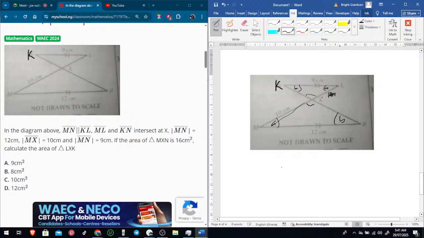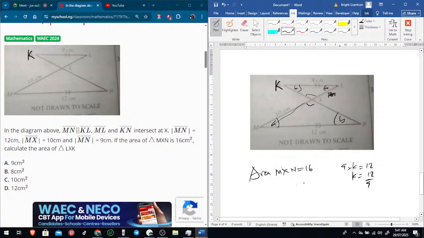Now, it said that the area of MXN is 16. Find the area of LXK. So now, what's the scale factor for 9 and 12? 9 times something gives you 12. So K equals 12 over 9.